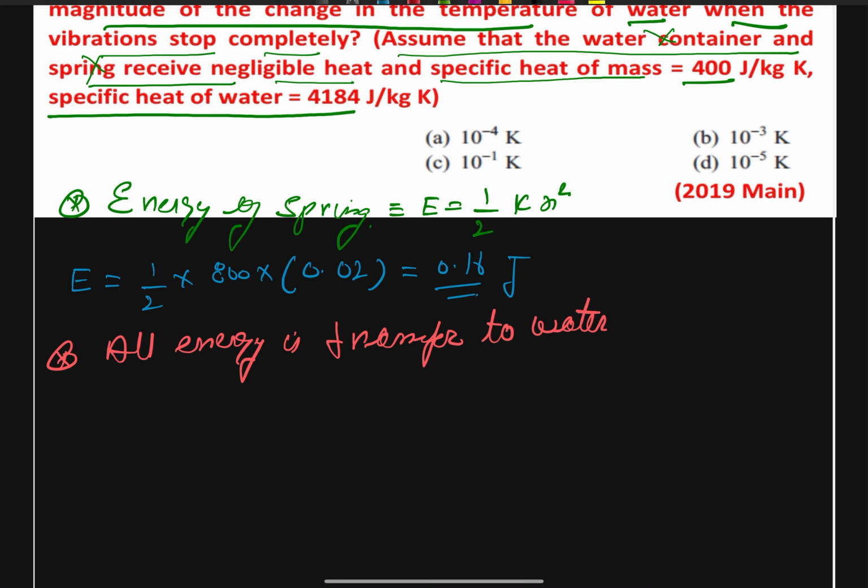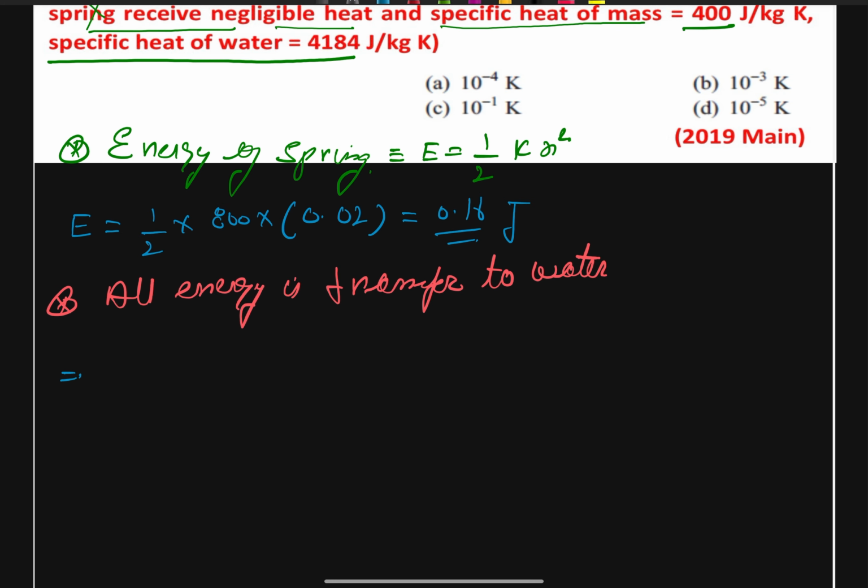So it means the energy associated with the water will be equal to 0.16. Therefore, we can say that the heat energy given to water, suppose that is Q, will be equal to E, and that is equal to 0.16.